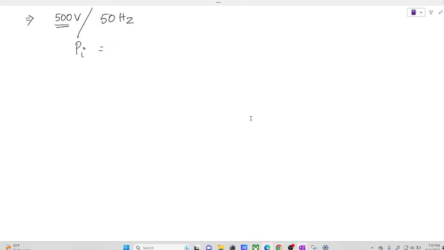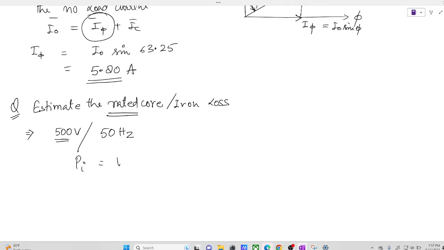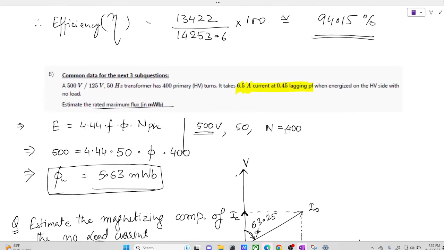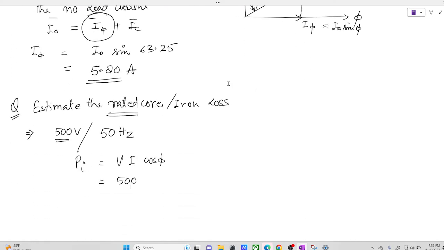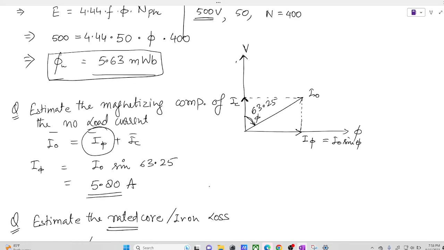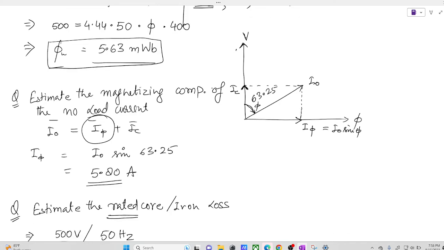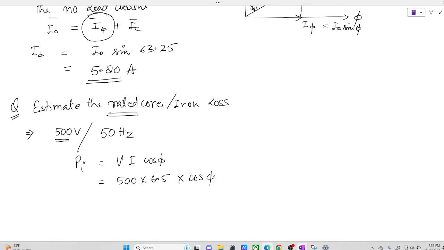So simply we can find it by Vi cos phi, that will be 500 times I, which they have given as 6.5, into cos of this angle, 63.25.